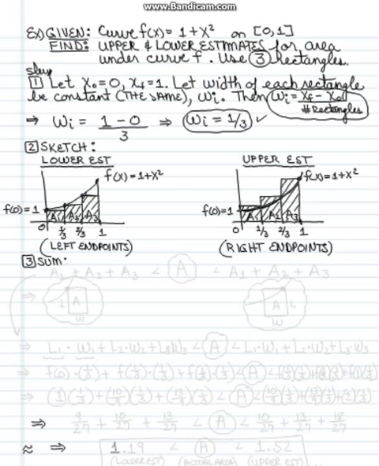Okay, so step 3, after our sketch, we're going to do a sum. First we'll sum up the 3 rectangles on the underestimation, the lower estimate, and that's going to be less than the actual area under the curve, which will be less than the upper estimation, the sum of the 3 rectangles on the right. And now we want to see really closely. We're going to do a close-up here of one of the rectangles and the curve.